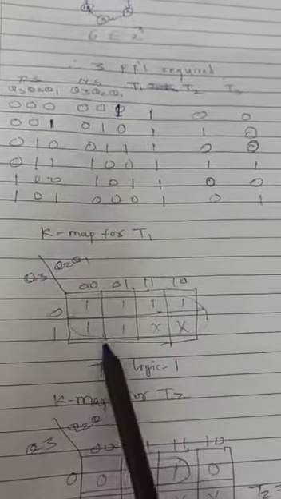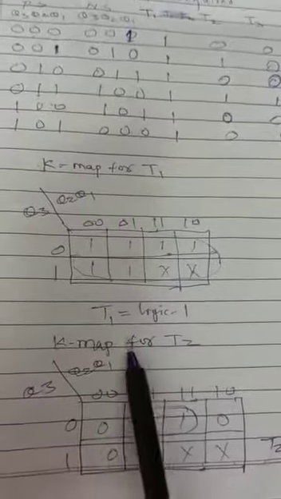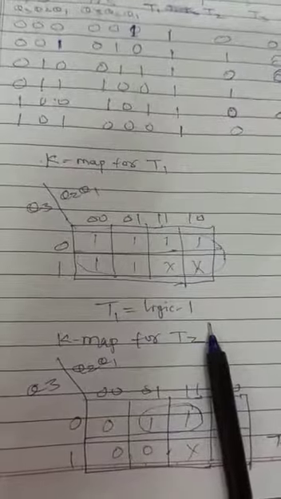These values are entered in the K-map, and here we can combine all the cells. That's why the expression for T1 will be logic 1.